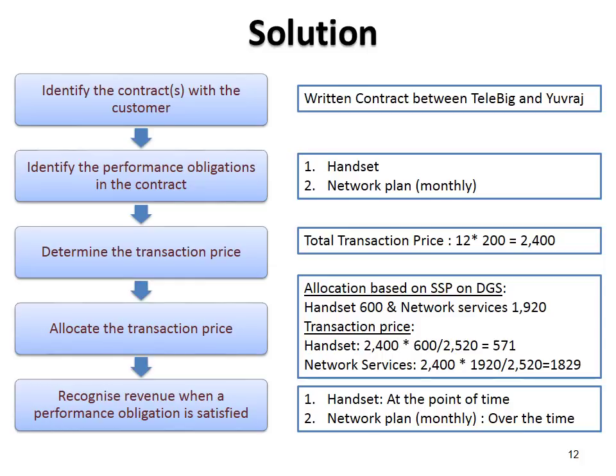Therefore, the handset revenue of 571 rupees needs to be recognized on the date of sale when the handset has been dispatched and delivered to the customer, while the network plan revenue is to be recognized on a monthly basis over time.